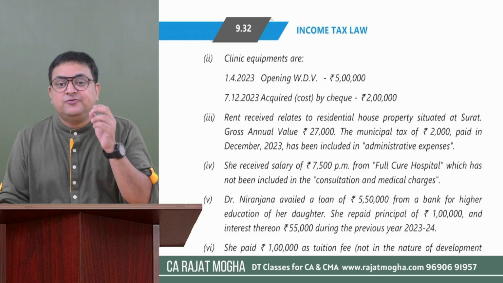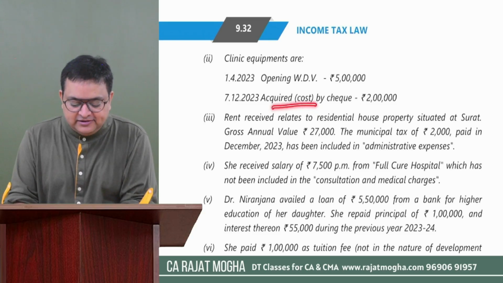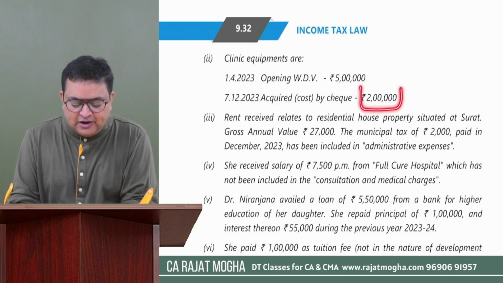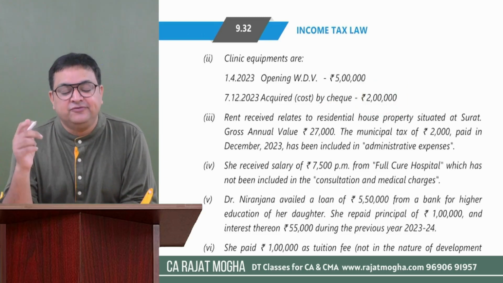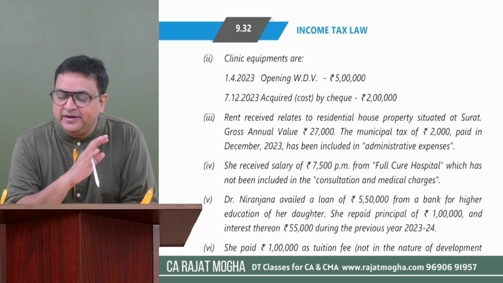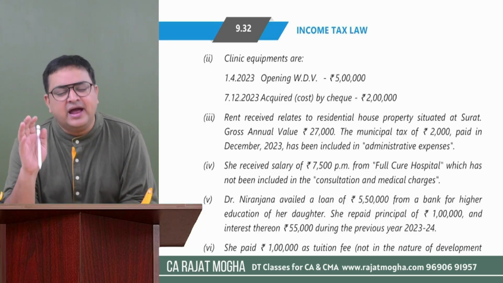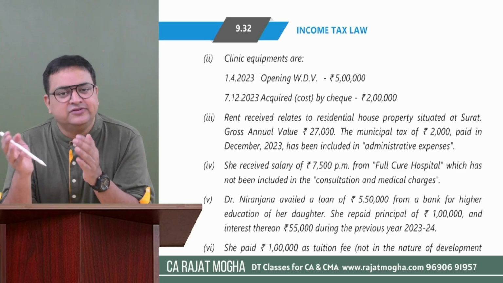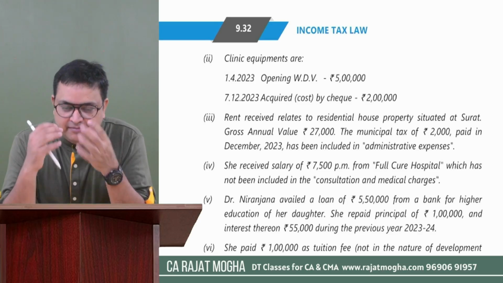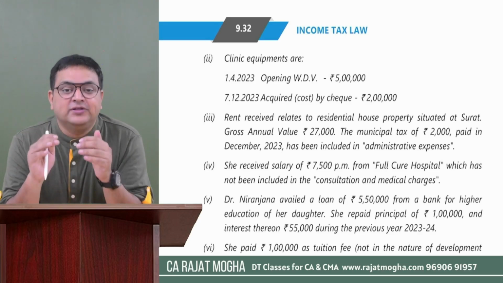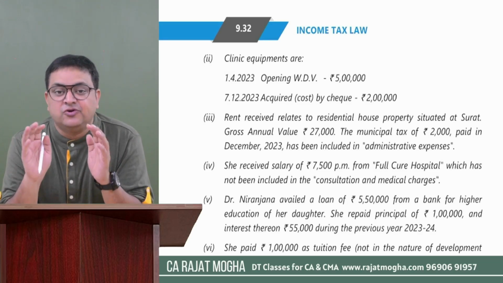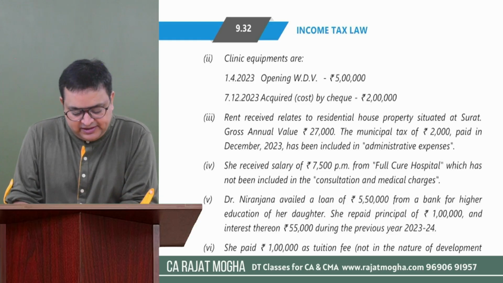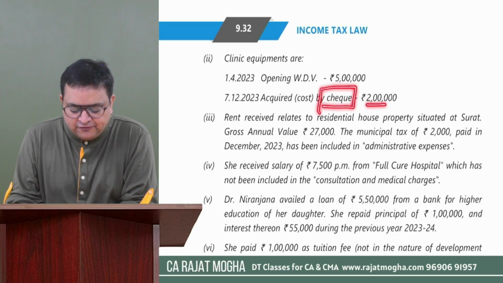But if it was written that they acquired this clinic equipment of 2 lakh rupees by way of cash, then if we acquire any asset and pay more than 10,000 rupees, it should not be regarded as capital expenditure also, right? And we know there is another section, 40A(3), which says that if you make payment of more than 10,000 rupees for revenue expenses also, then it is not allowed, correct? So there they have mentioned that it is by way of check.